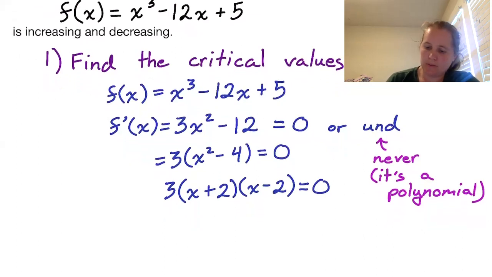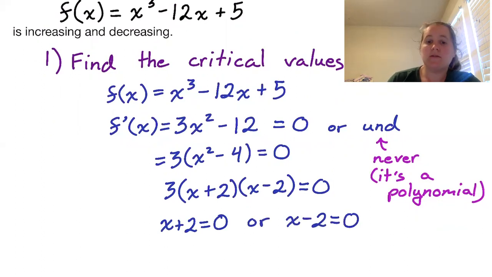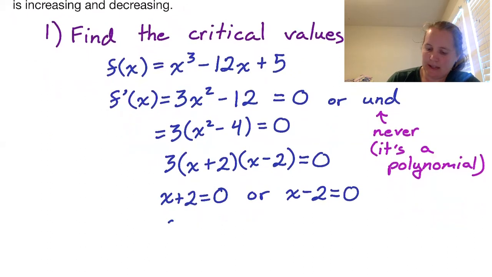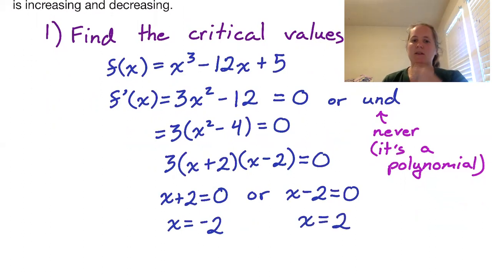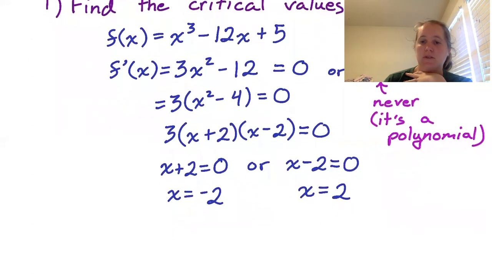Then we have x plus 2 equals 0 or x minus 2 equals 0. This first one will give us x equals negative 2, and the second will give us x equals positive 2. So we have our critical values of x equals negative 2 or x equals 2.